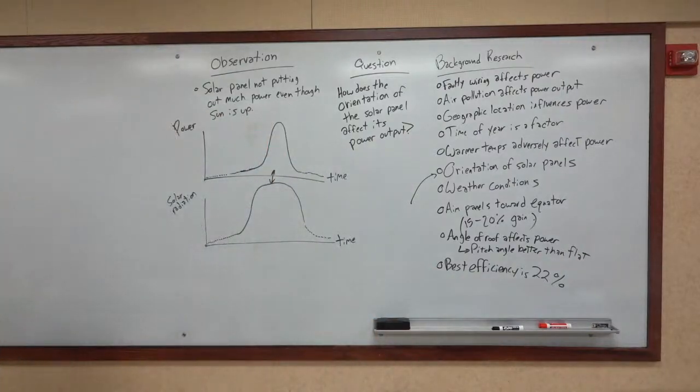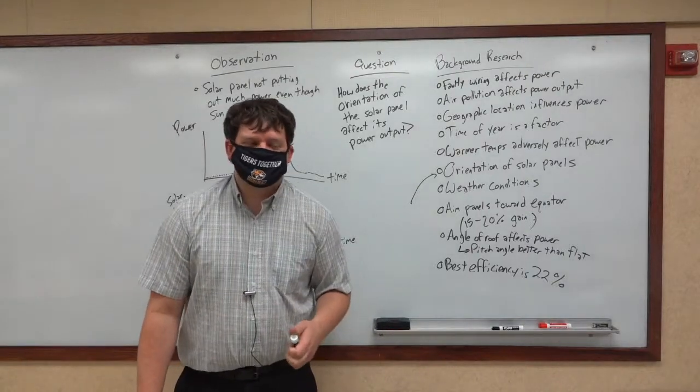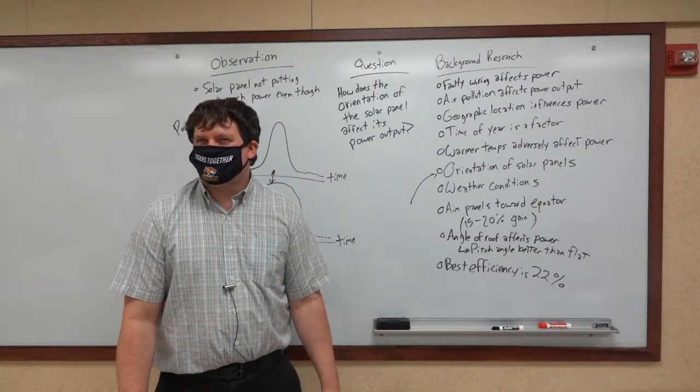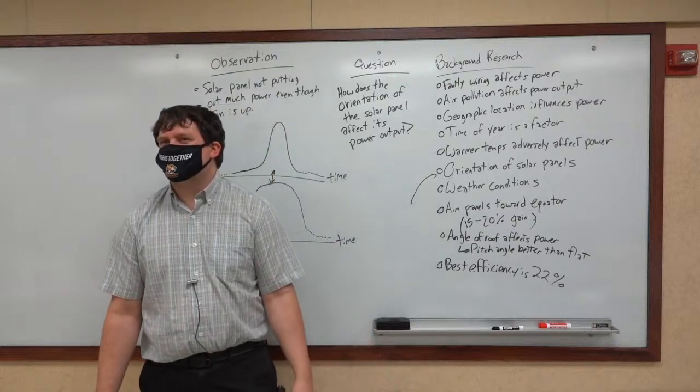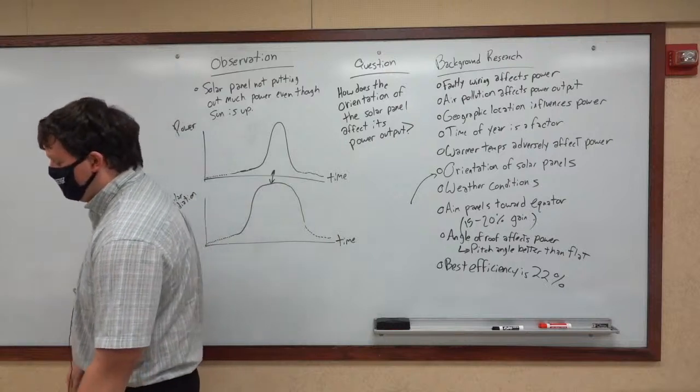They do sell some solar panels that can get up to 40%, but 22% is the most commonly commercially available. And it's bad. Basically, that means that plants are better solar panels than what you have, and plants feed themselves off of light. Plants have been doing this for millions of years now.